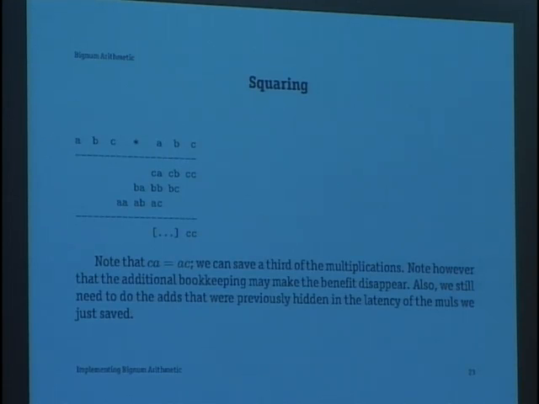On the other hand, you still need the additions. And I told you earlier that the multiplications hide the additions. So if you do some clever stuff here to not do the multiplications, then you still have to do the additions that were hidden in the multiplication previously. Right? So in the end, this looks like it should speed up by 30%, but it doesn't. Also, there's additional bookkeeping needed.